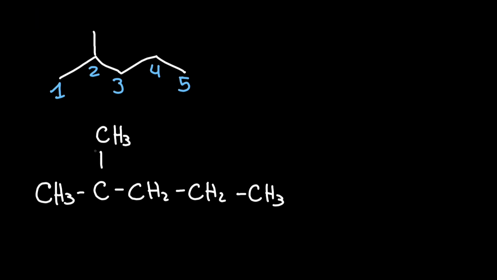Now our substituent here has only one carbon atom, which has the name of methane. But since this is a substituent, it would be called an alkyl group. An alkyl group is an alkane that basically sacrifices one hydrogen in order to bond with another.